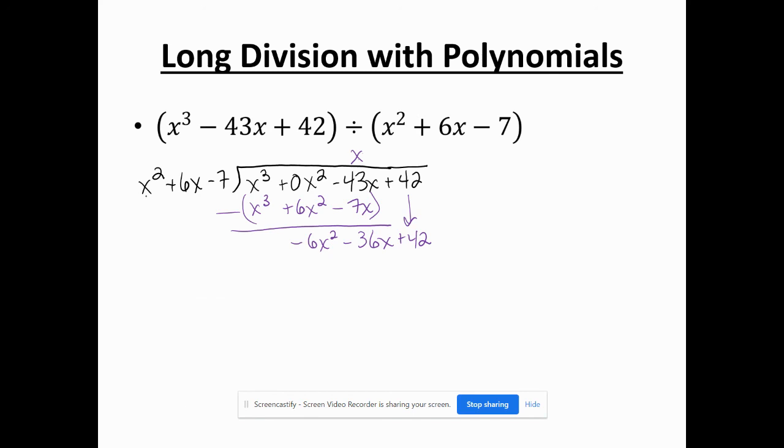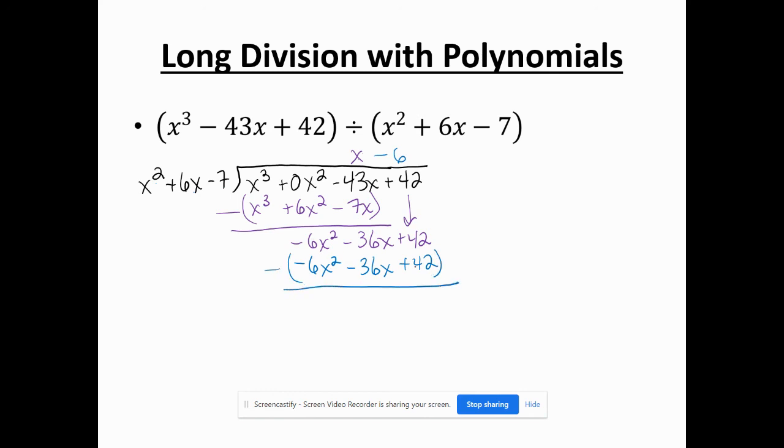Okay, and then I ask myself, what times x squared gives me negative 6x squared? Well, that's a negative 6. Negative 6 times x squared is negative 6x squared. Negative 6 times 6x, negative 36x. And negative 6 times negative 7 is plus 42. We luck out.